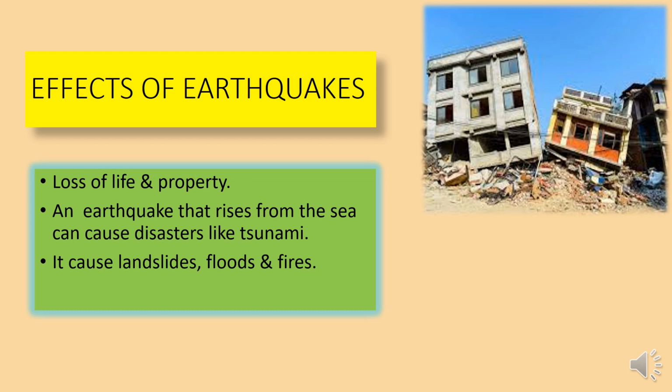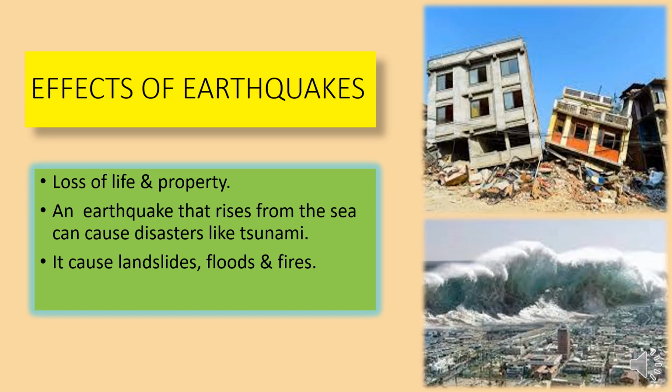An earthquake that arises from the sea can cause disasters like tsunami, and it also causes landslides, floods and fires. So basically, it damages the property of the earth. These are the effects of the earthquake. Basically, trees get uprooted and many people lose their life. Buildings and structures are shattered, roads crack due to the earthquake.